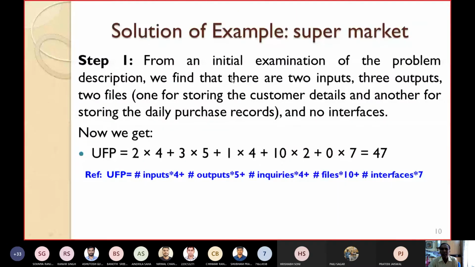Yes, please. Sir, how do we determine the complexities of those inputs, outputs, and queries, like which is average and so on? See, that may be subjective, and may vary from person to person. In many questions, it will be given in the exam. But in practical life, when you join industry, that depends upon your previous experience.